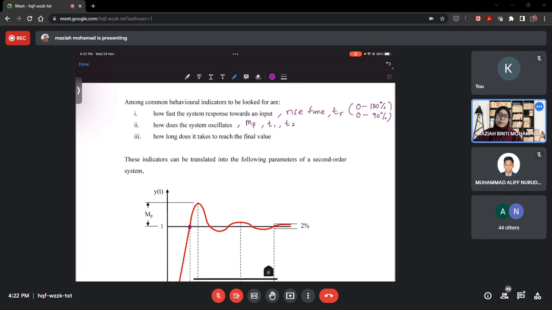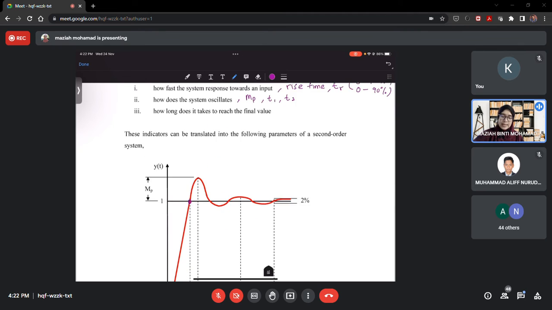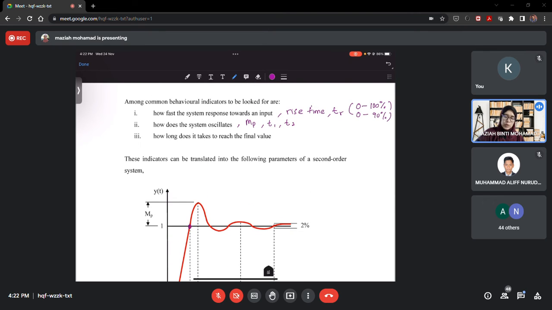MP here is the difference between the highest point and the expected point, which is 1.